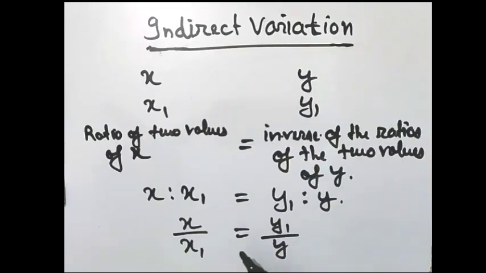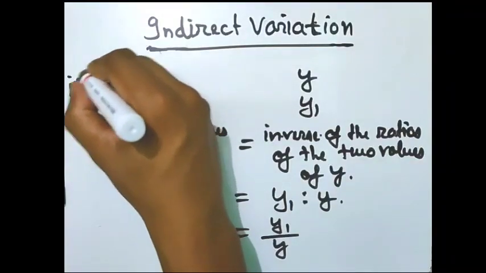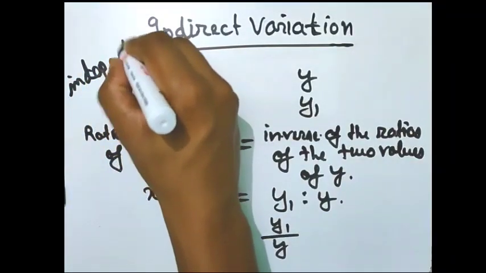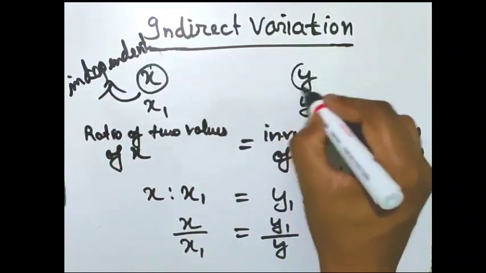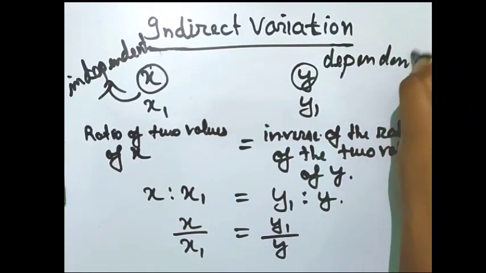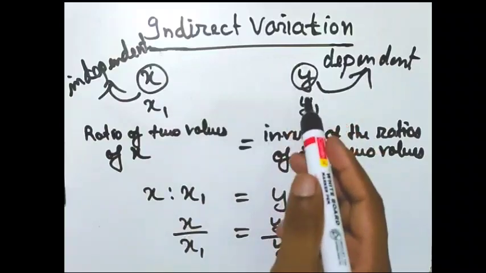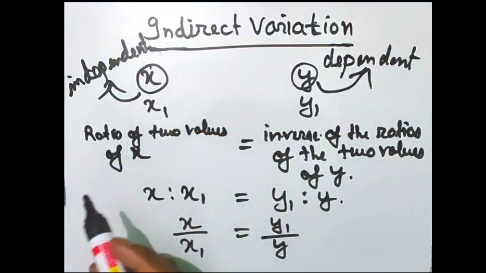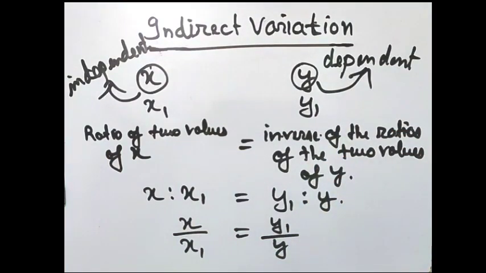So here x again is the independent variable and y is the dependent variable, which means the value of y is dependent on the value of x. If you change the value of x, the value of y also changes.